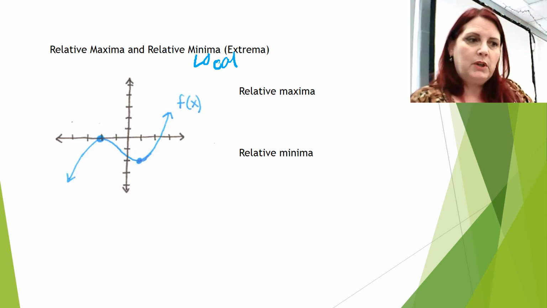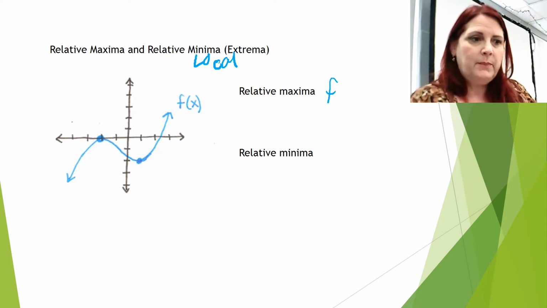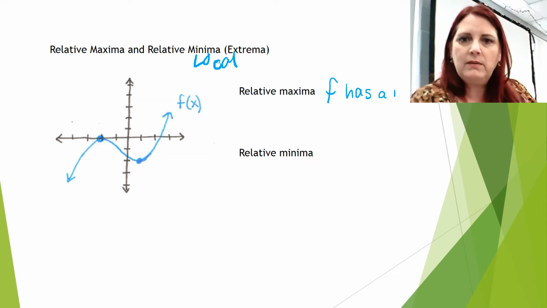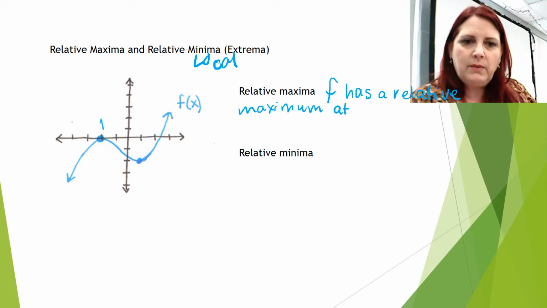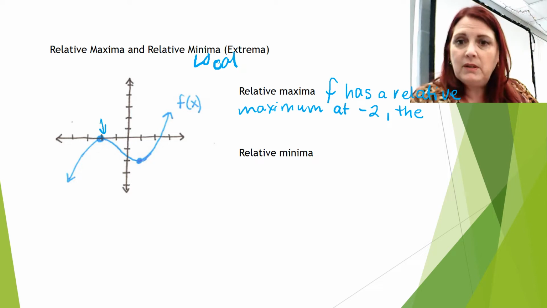Let's take a look at these. I'm looking at this particular graph that's been given to us, and that function is called f of x. The function f has a relative maximum at, and it's right here, -2.